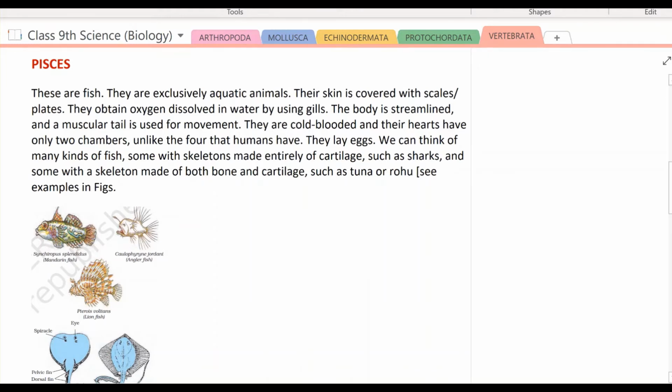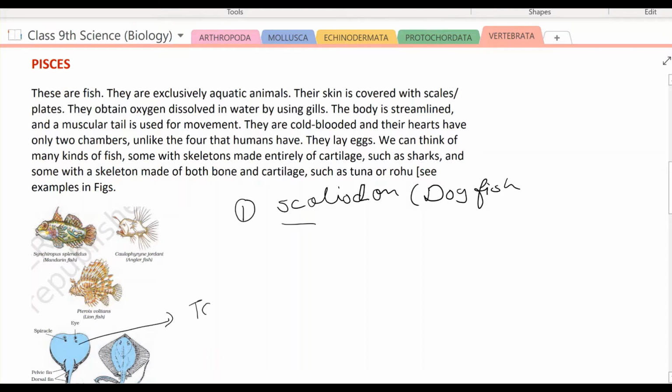First one we have right there, scoliodon, or dogfish. Second, torpedo. This one is the torpedo, electric ray.